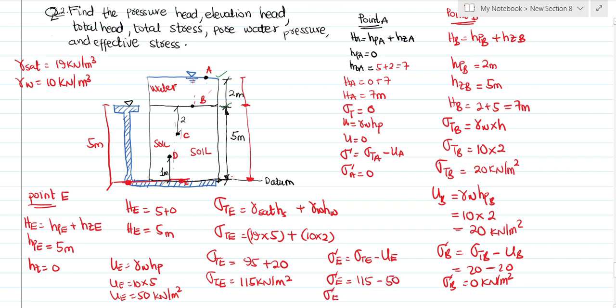So let me get my calculator and see. 115 minus 50 is 65 kilonewton per meter squared. So this is the effective, this is the total, this is the pore water pressure.